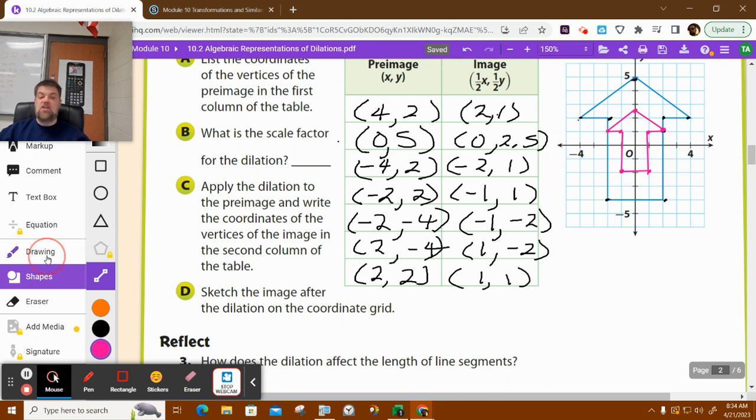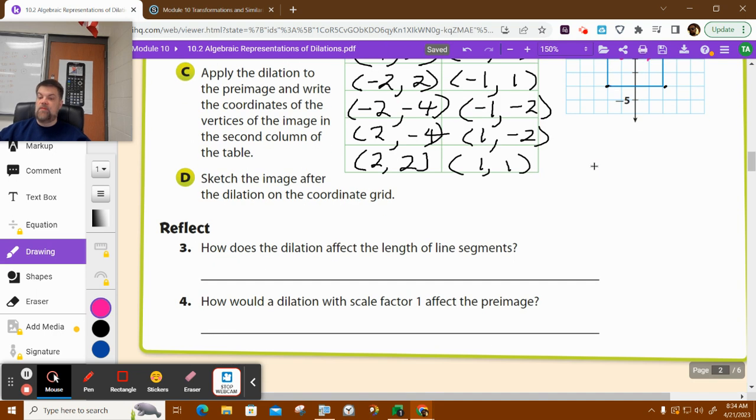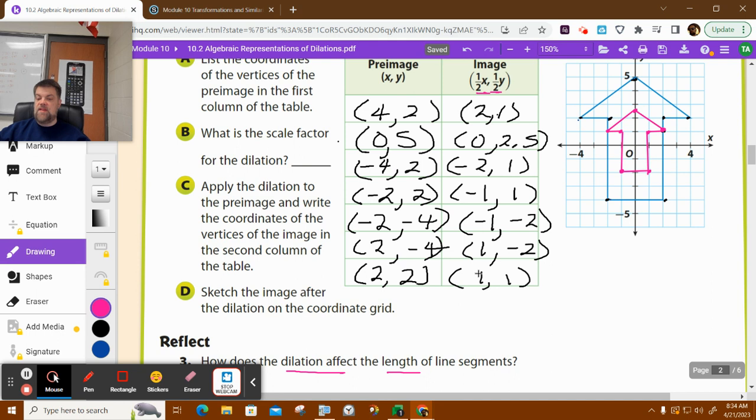All right. Did you guys get what I got? All right, so now we're going to answer some questions, but what is this 1/2? Do you guys remember what that 1/2 represents? Yeah, so it says, how does the dilation affect the length of the side of the line segments? So here's what I mean by that. This side length is 1, 2, 3, 4 units.